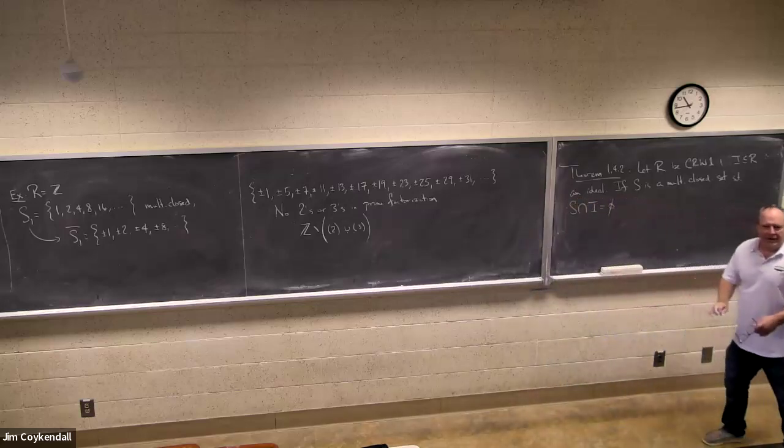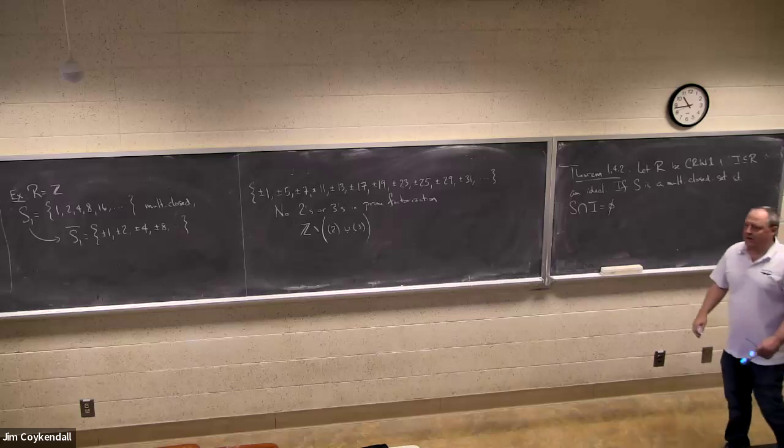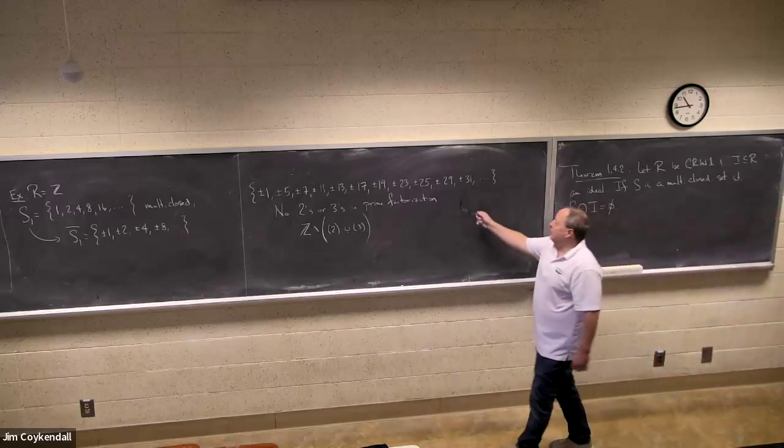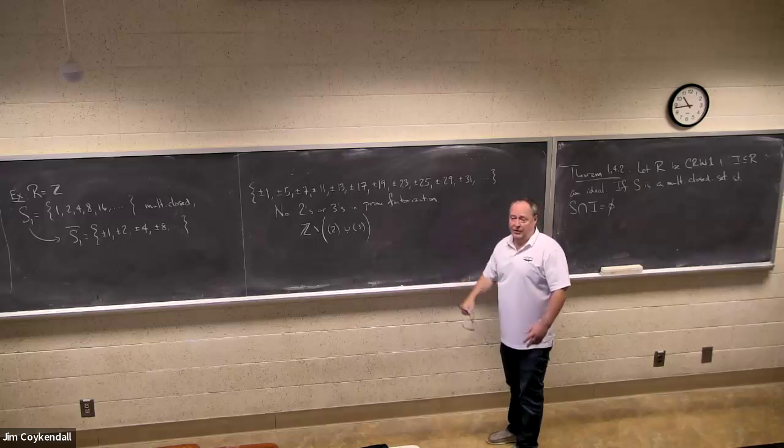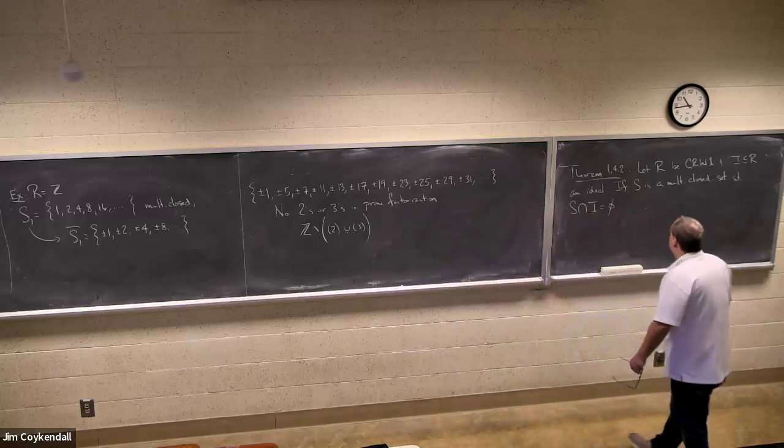That is to say, this multiplicatively closed set doesn't touch this ideal at all. For example, this multiplicatively closed set and the ideal generated by 2.